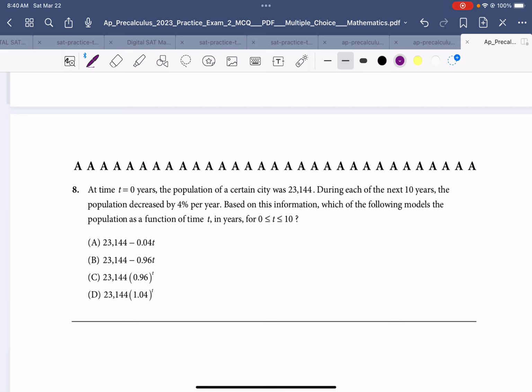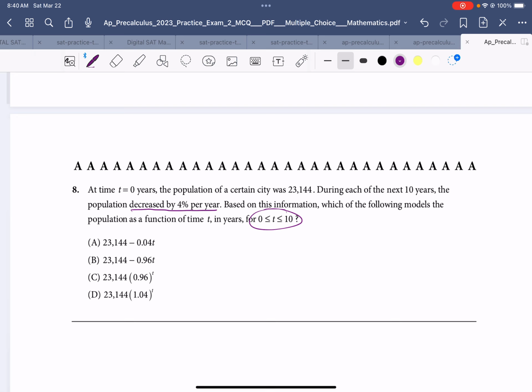Now, at time t equals 0 years, the population of a certain city is 23,144. During each of the next 10 years, the population decreased by 4% per year. Based on the information, which of the following models the population as a function of time t in years for 10 years?